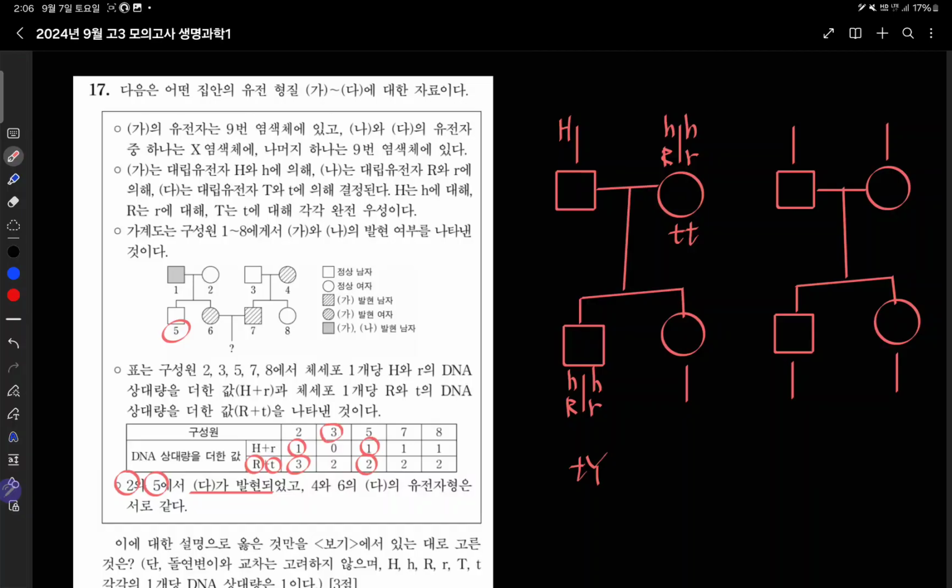How about individual number 3? It doesn't have any capital H allele and lowercase r allele. So that means he should be homozygous recessive for the first trait and homozygous dominant for the second trait.